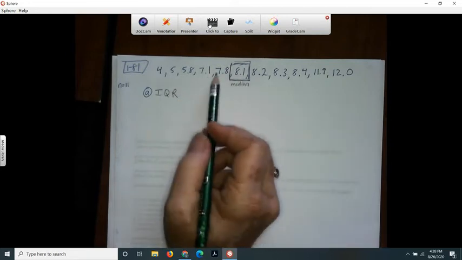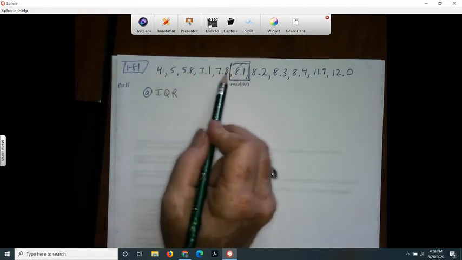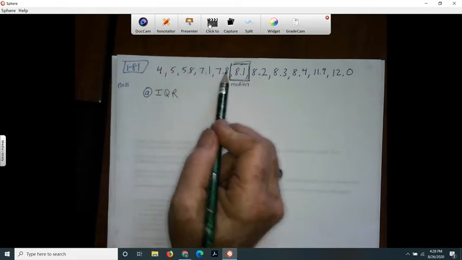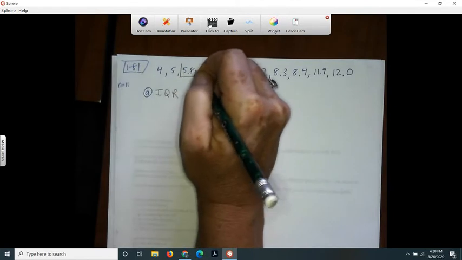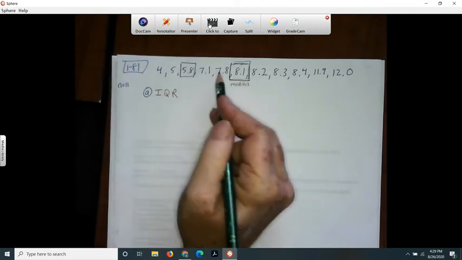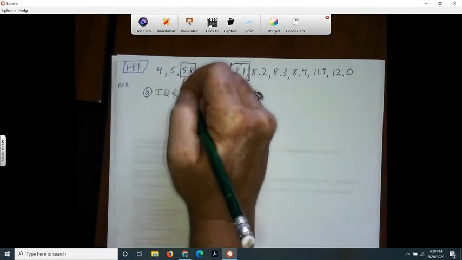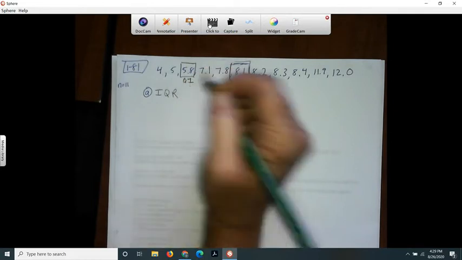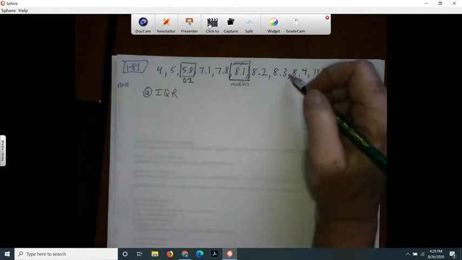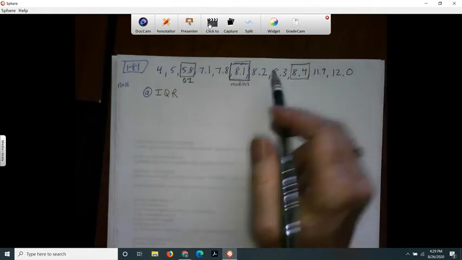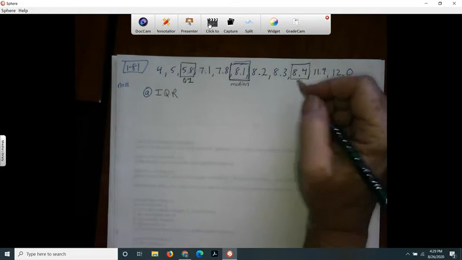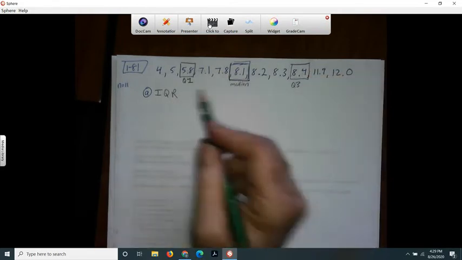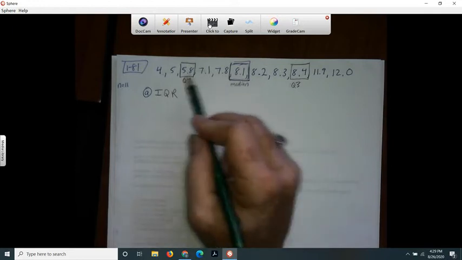The first quartile is going to be in the middle of this little first half of numbers. Well, I've got 5 numbers. This one is smack dab in the middle. It's got 2 on the left, 2 on the right. So this is quartile 1. Oh, how do I draw 1? Quartile 1. And then this one right here is right in the middle of the second half of the data. So this is Q3, and the interquartile range is just the difference between these numbers.